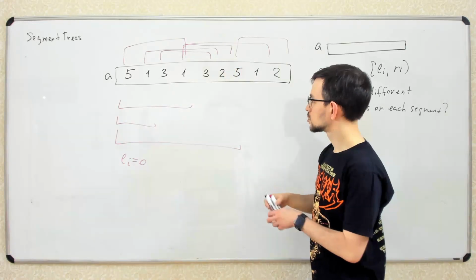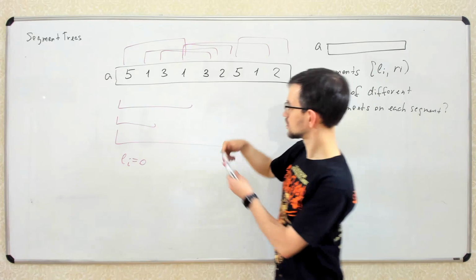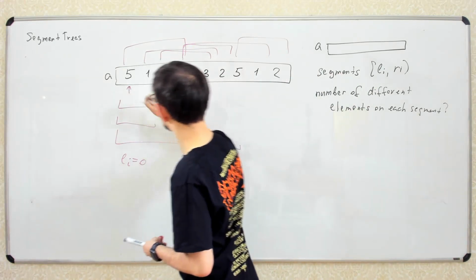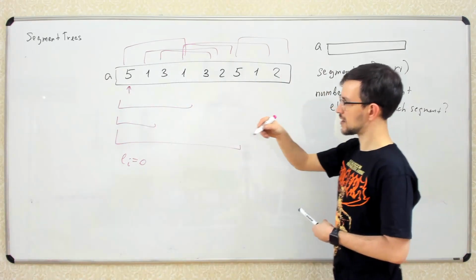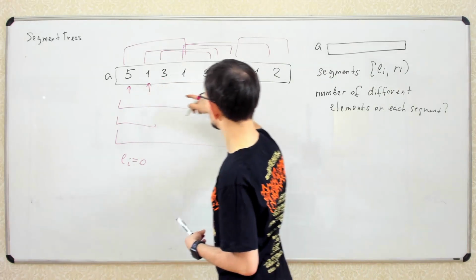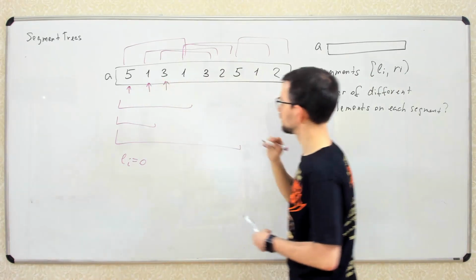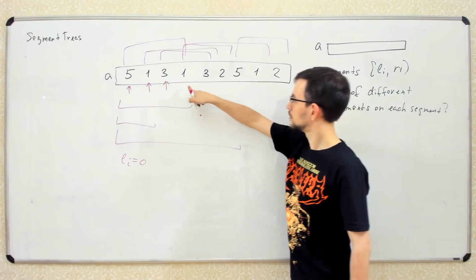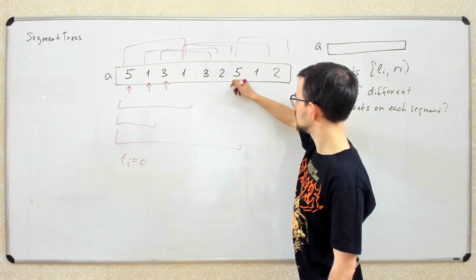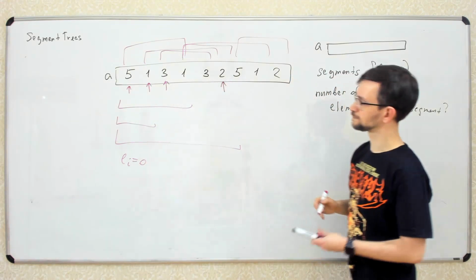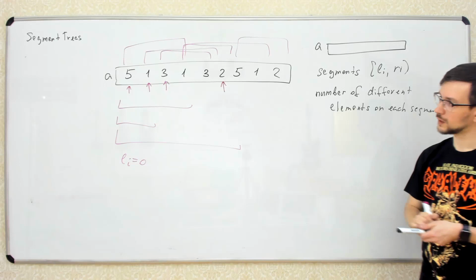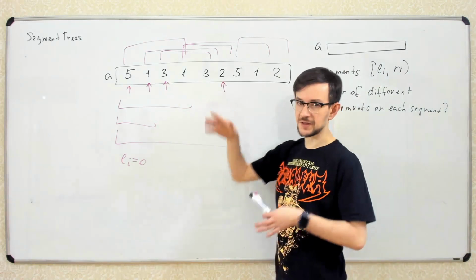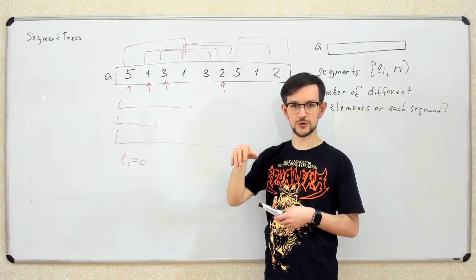For example, for these 5s, we need to mark this element. This is the leftmost 5. This is the leftmost 1. This is the leftmost 3. We don't need this, we don't need this. We need these 2, and so on. So these are the leftmost elements for each value.